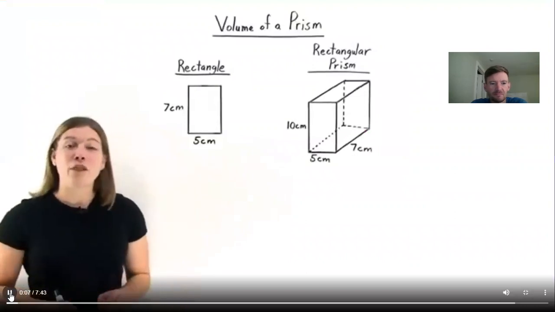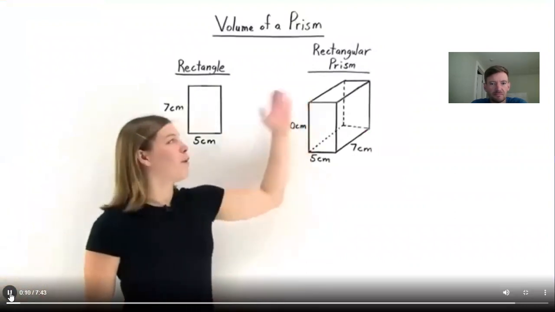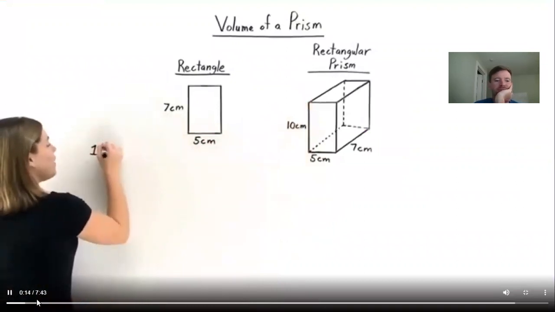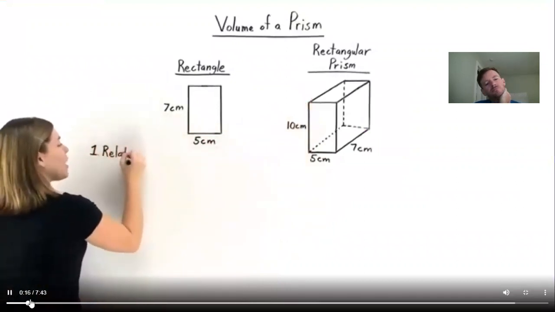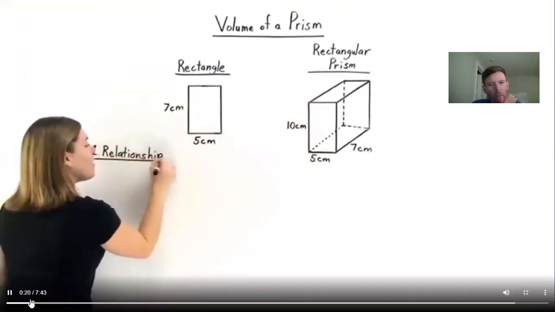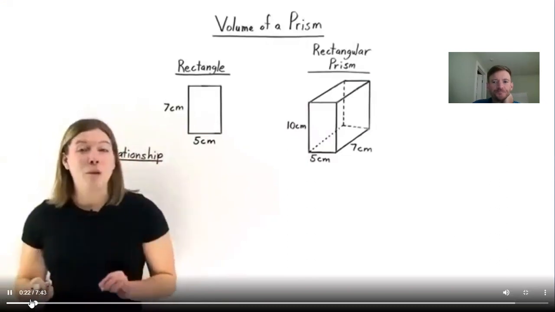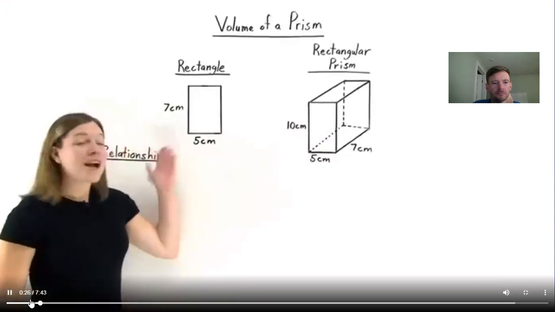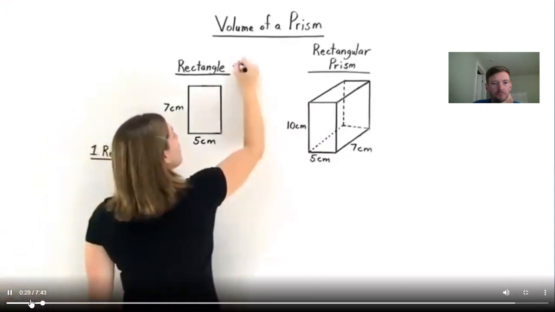What is the formula for the volume of a prism? In order to figure out this formula, let's take a look at a rectangular prism and a rectangle. We need to figure out the relationship between this rectangle and this rectangular prism. When we figure out that relationship, that will help us figure out the formula for the volume of a prism. A rectangle is a 2-dimensional figure.